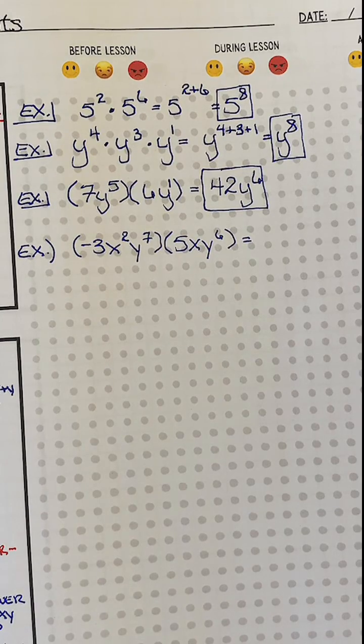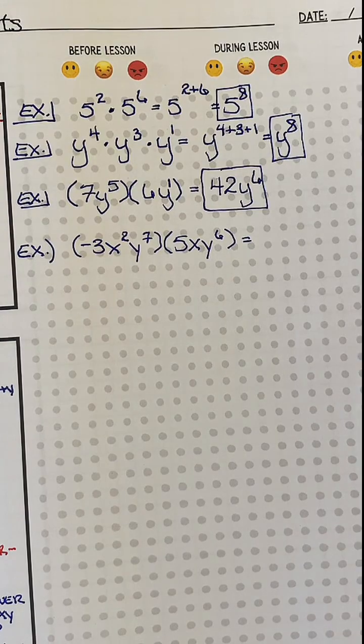Luke, what was your answer? All right, negative 15 x cubed y to the 13. Carol, negative 15 x cubed y to the 13. Zahara, negative 15 x cubed y to the 13th.